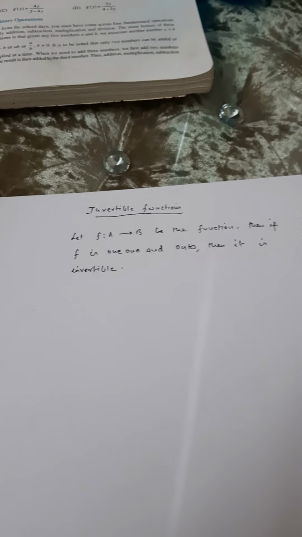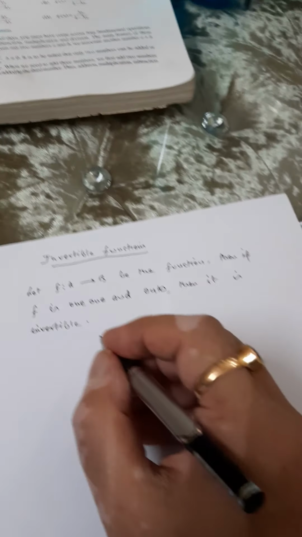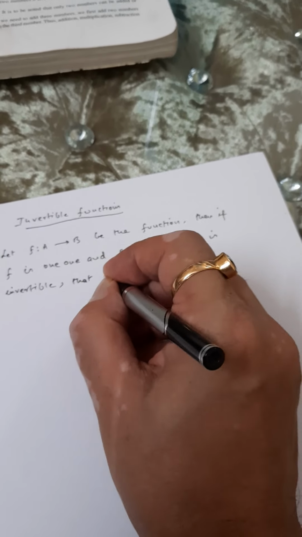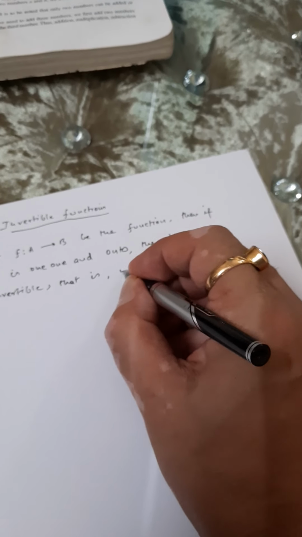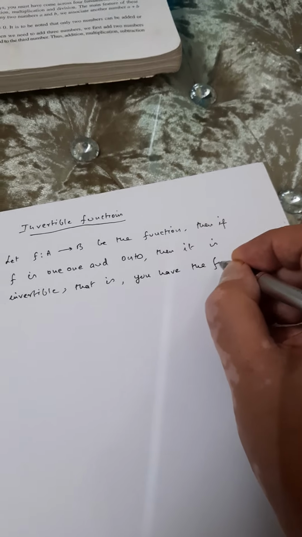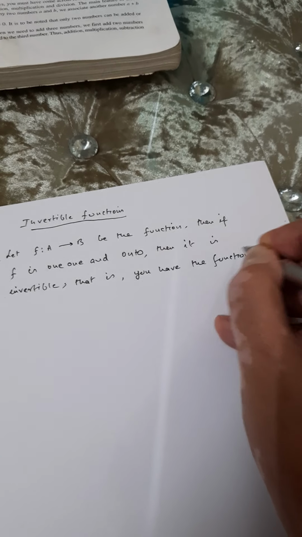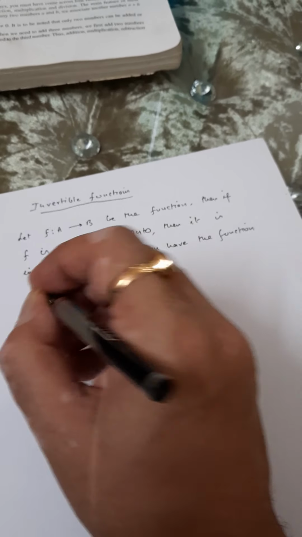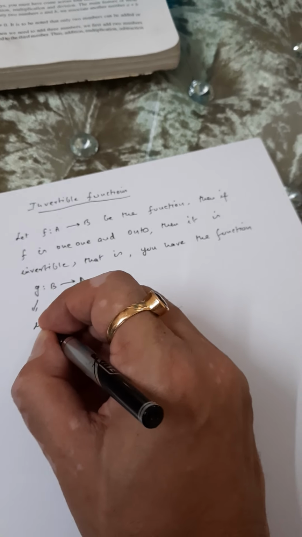I mean to say, if f is 1-1 and onto, then you have the function g from B to A, so g is the inverse of f.